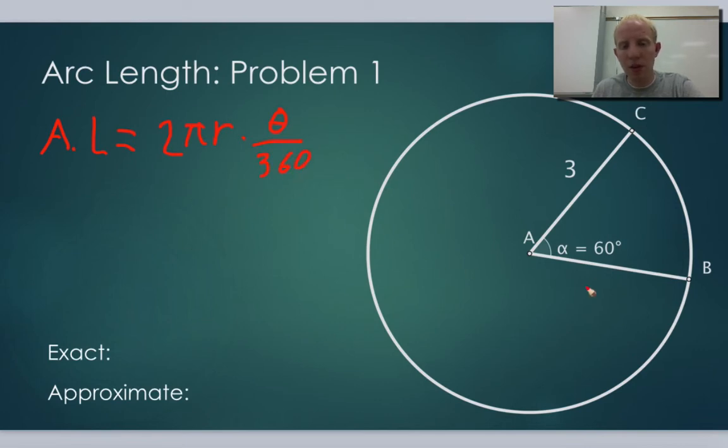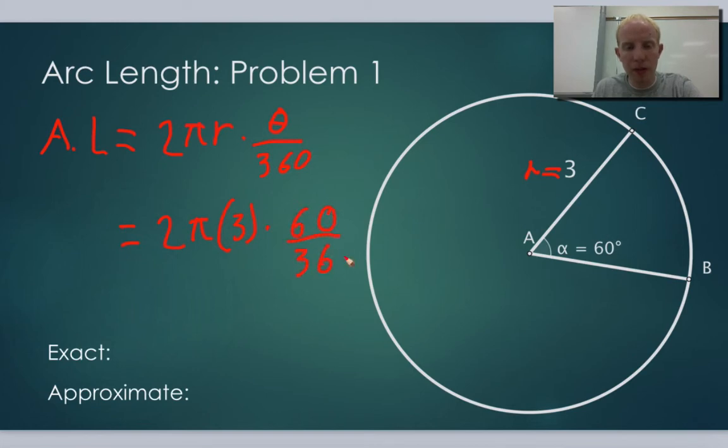Now in this case, sometimes they use this little symbol right here, which is called an alpha. Sometimes they use this symbol right here, which is called a theta. It doesn't really matter. The main thing is you're trying to find that angle. So in this case, the angle is 60, and our radius is 3. So we're going to get 2 pi times 3 times 60 over 360.